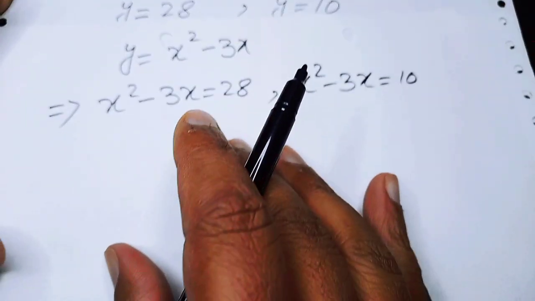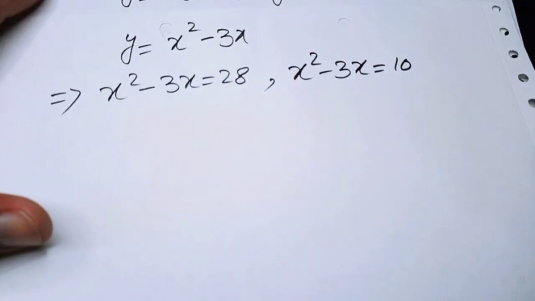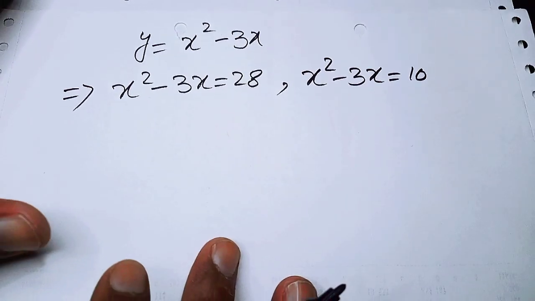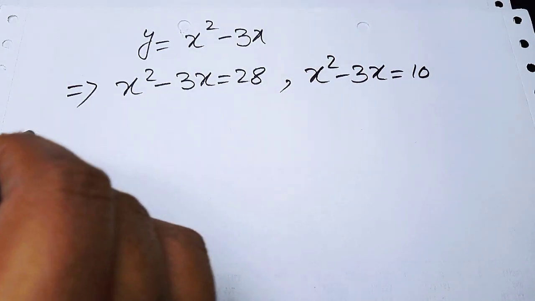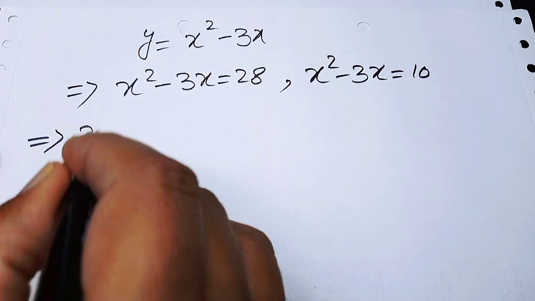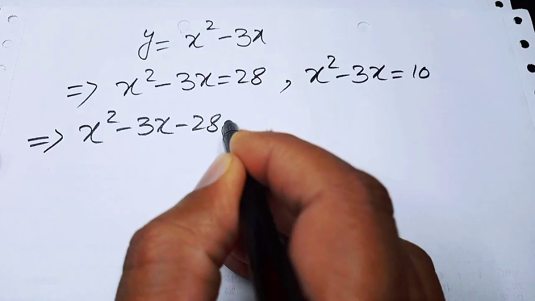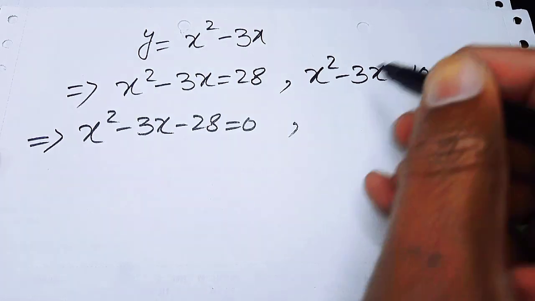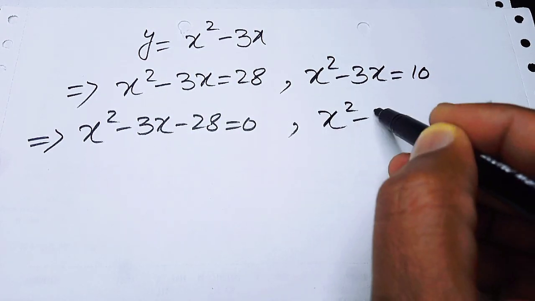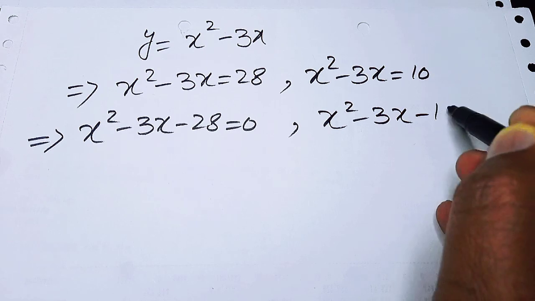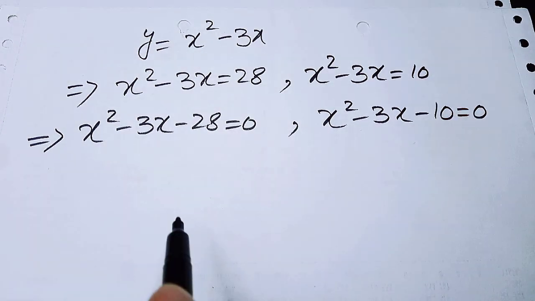Now we can solve these two. We first arrange these expressions, and here we have x square minus 3x minus 28 is equal to 0, and here we have x square minus 3x minus 10 is equal to 0.